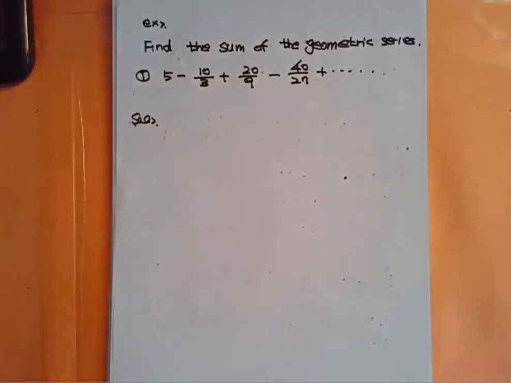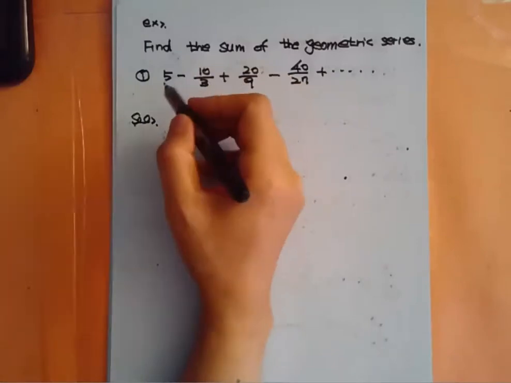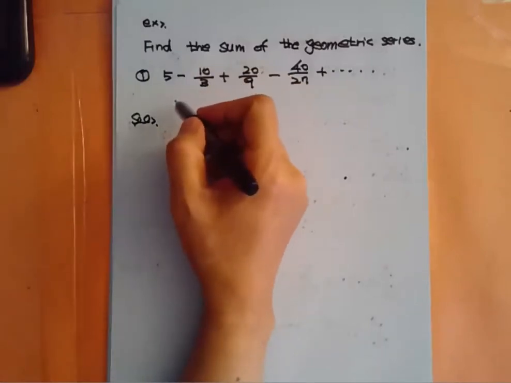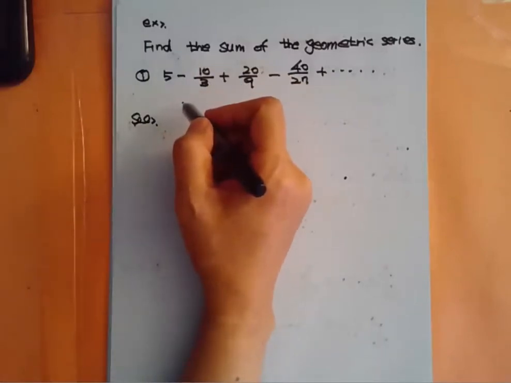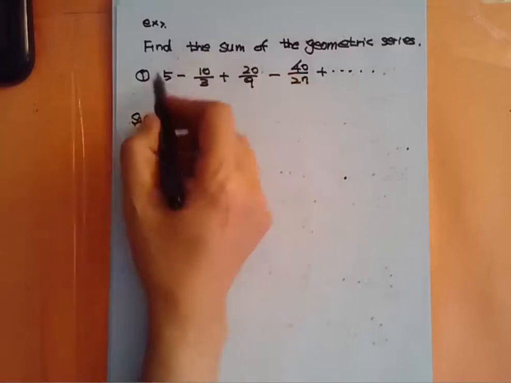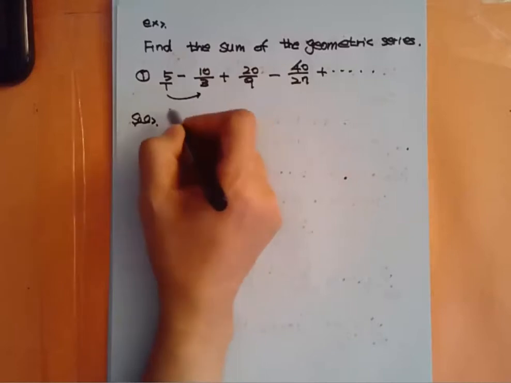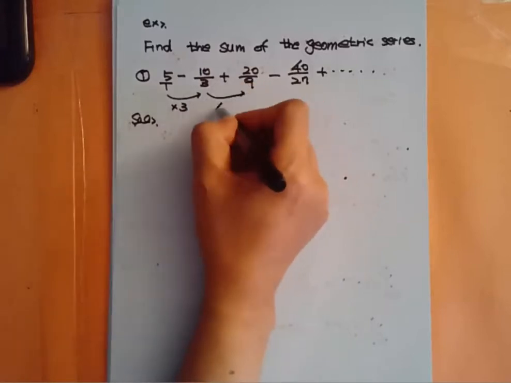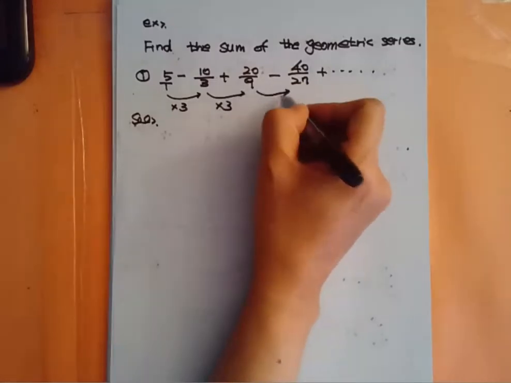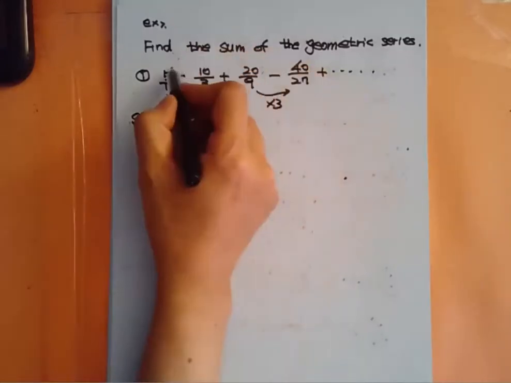The first thing we have to think about is how the sequence is defined. So 5 can be perceived as 5 over 1. And for the denominator, we multiply by 3, and multiply by 3, keep multiplying by 3.